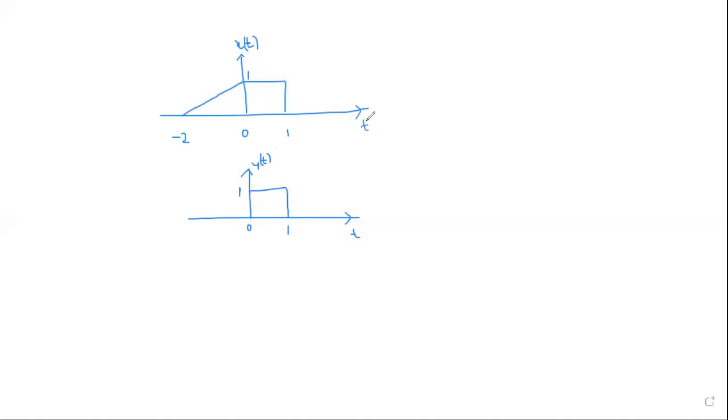Now what is meant by amplitude scaling? Suppose I want some q of t equal to 2 into x of t. Will somebody describe how this signal is going to look?